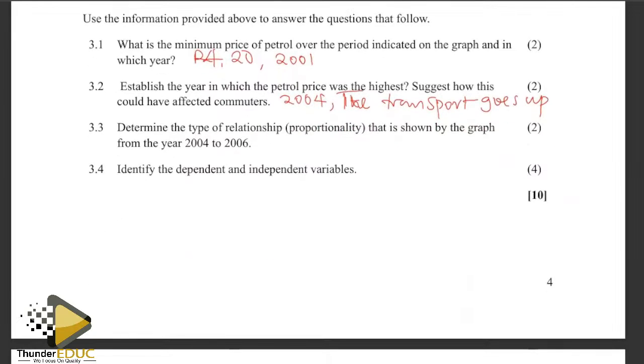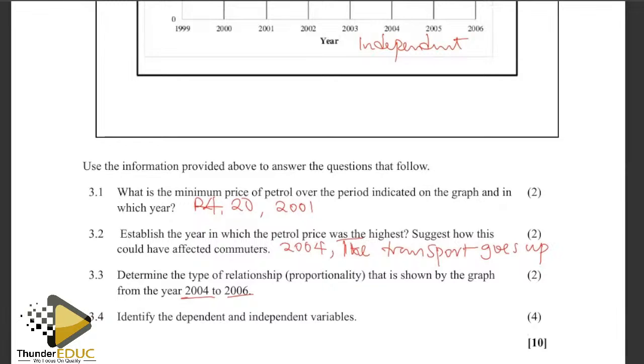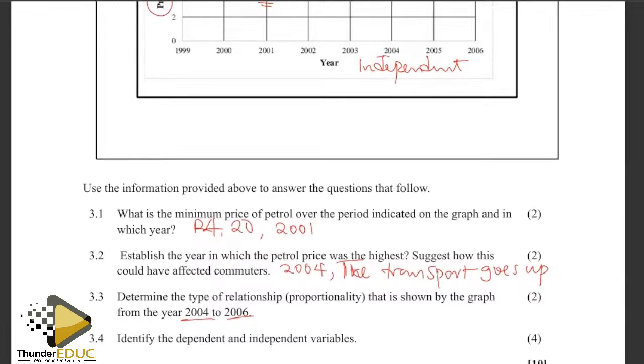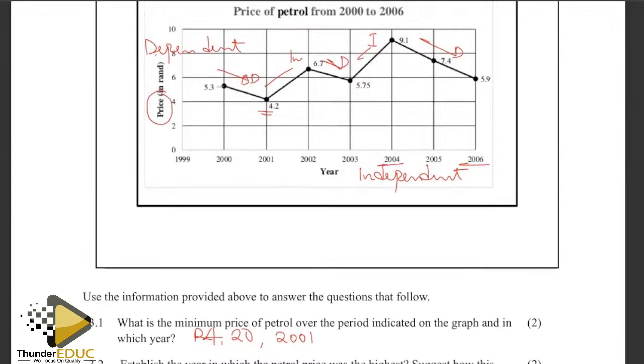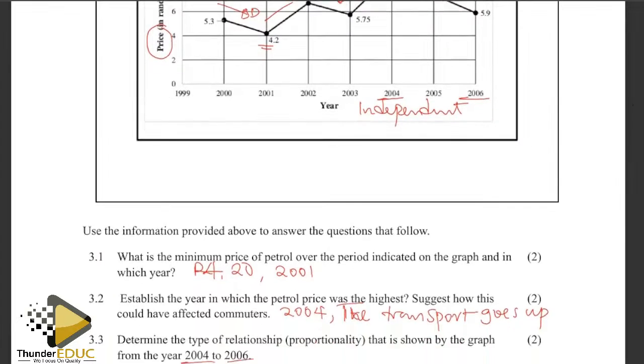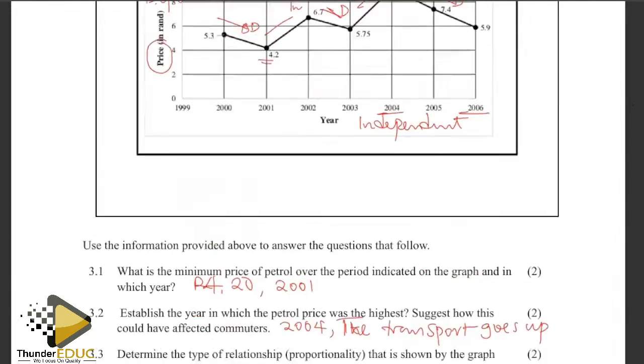Determine the type of relationship, proportionality, that is shown by the graph from 2004 to 2006. When you look at that, 2004, we see a decrease, which simply means there is a decrease, but it's going down uniformly.